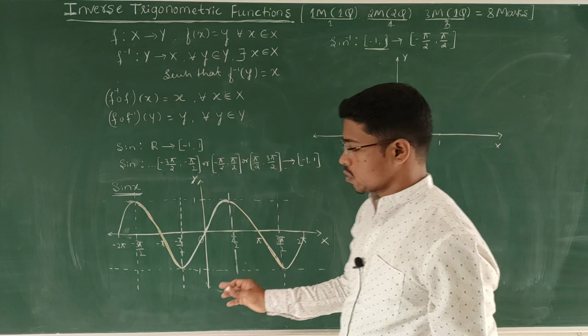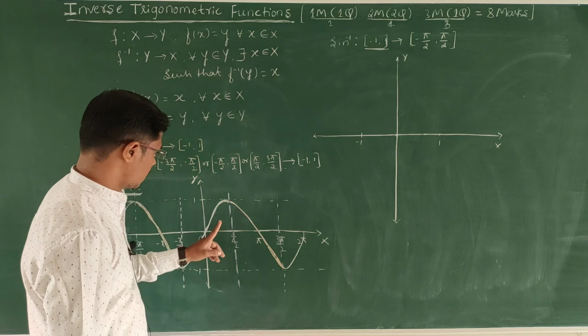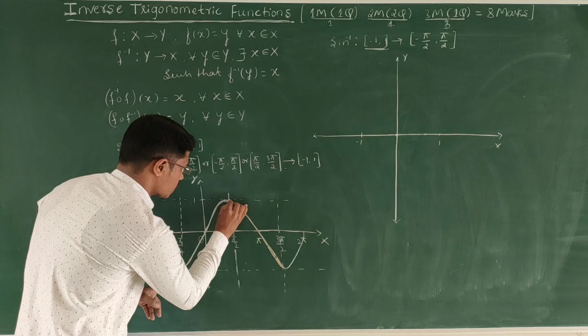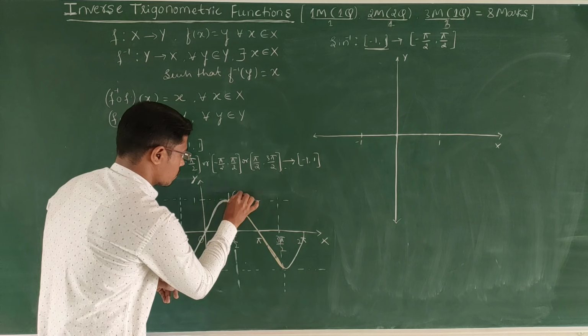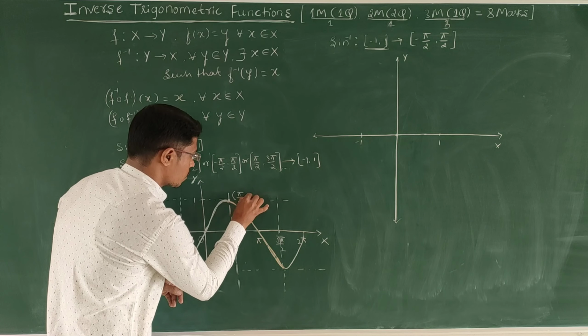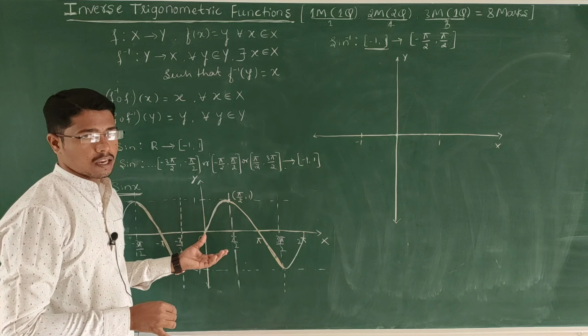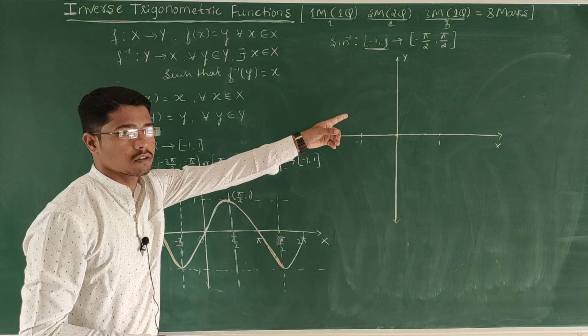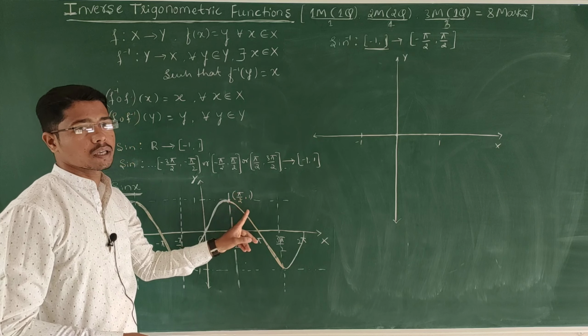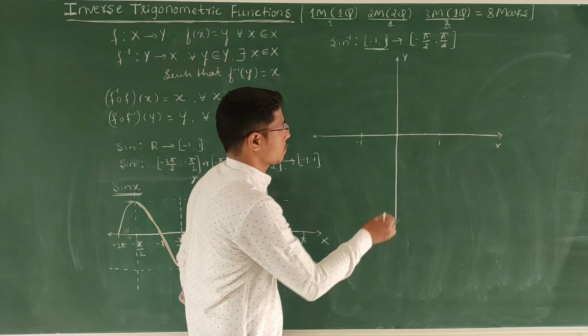That is, suppose this is an ordered pair. See here, this is the point pi by 2 comma 1 in the sine graph. Then this point will be reversed in the sine inverse graph, that is 1 comma pi by 2. So let us see.